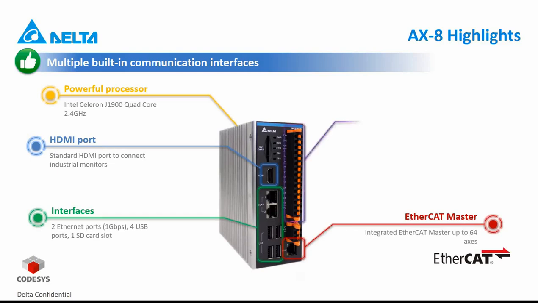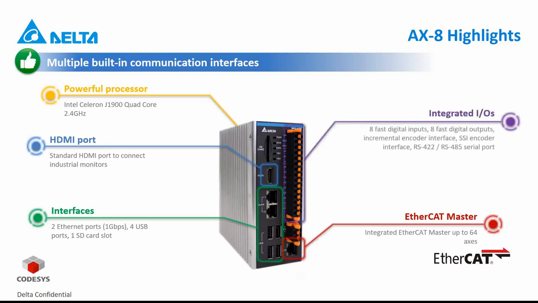And there is an integrated I/O point. Here you can see 8 fast digital inputs and outputs, encoder interface, SSI, and even serial RS485 communication supported. You can also use these 2 Ethernet ports for Modbus TCP or EtherNet/IP, even OPC UA.